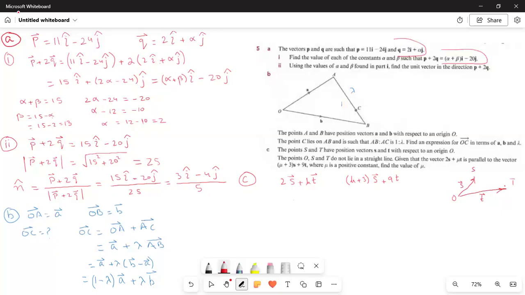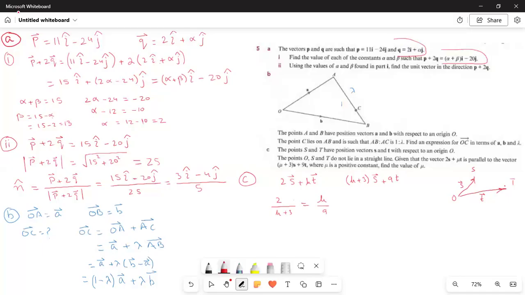If I multiply 2 with that factor, it will give me mu plus 3. So the ratio between 2 and mu plus 3 is the same ratio as between mu and 9. Does it make sense?